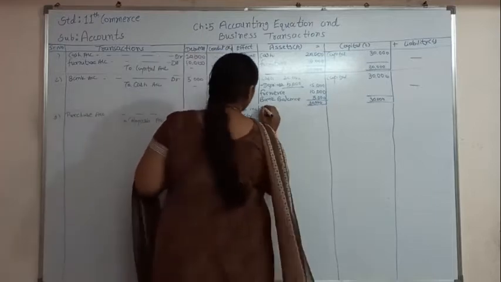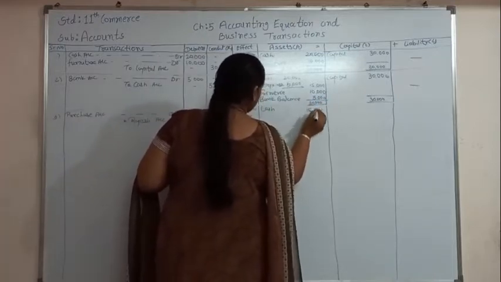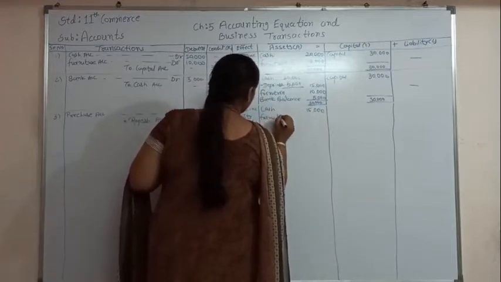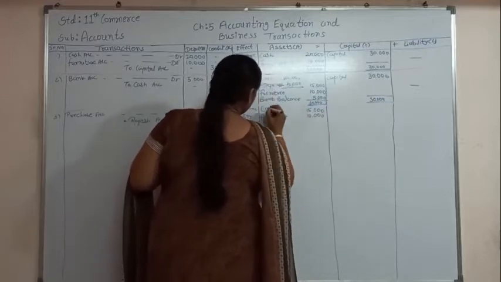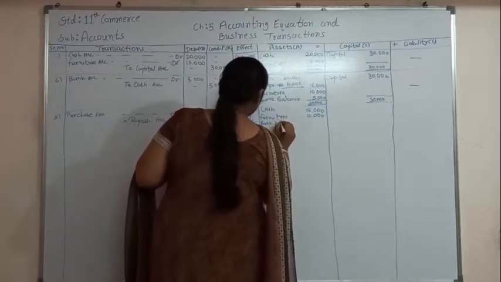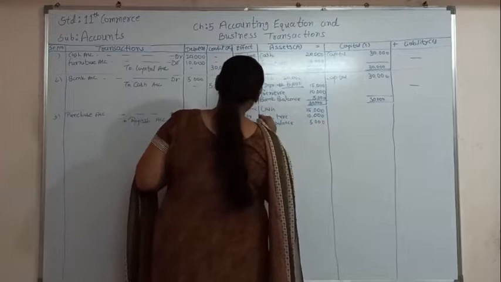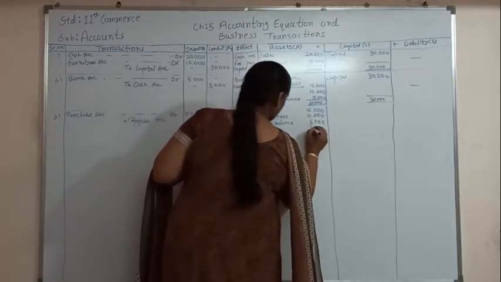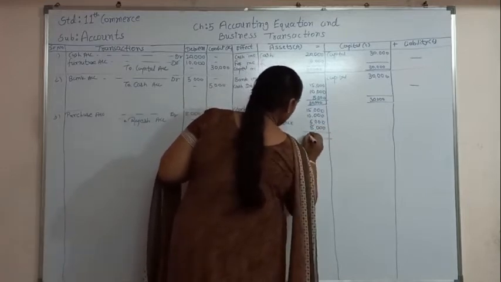So here cash account will remain the same, 15,000. Then furniture will be 10,000. Then bank balance will be 5,000. Then stock will be of 8,000. So total of this will be 38,000.